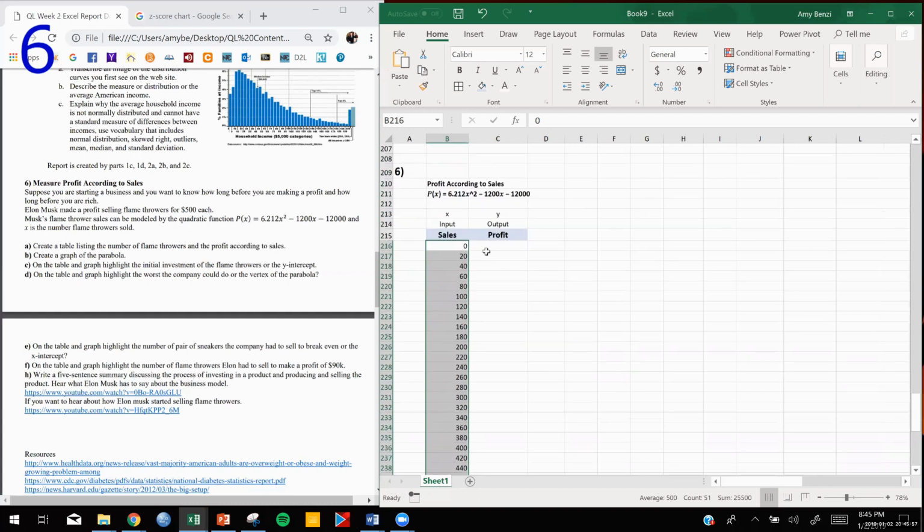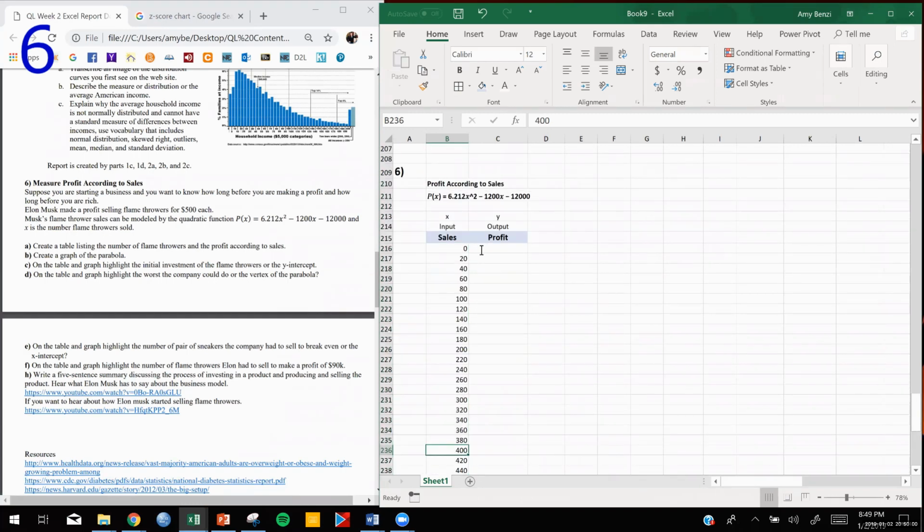All right, now let's go back up. That's our sales. And now let's look at our profit. For our profit, we have a function. We have equals 6.212. And now you see up here on my function where I have this X value. The X value, that means times X. So that's going to be times, and my X is right here, this 0. And then that value, Shift-6, gives me my caret key, squared.